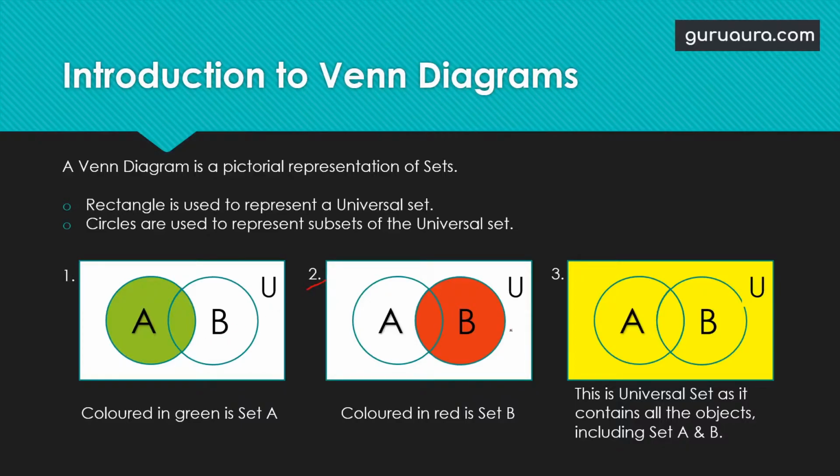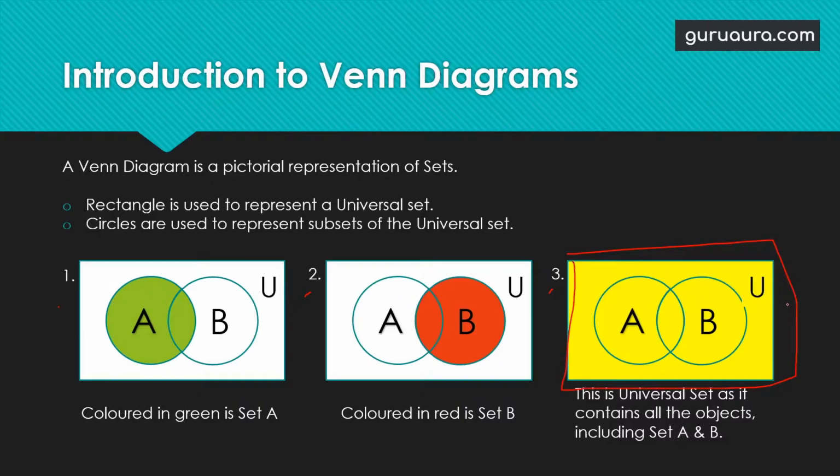The circle B colored red represents set B, and all the elements which are inside the circle B are the members of set B.